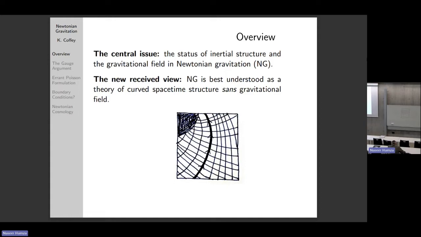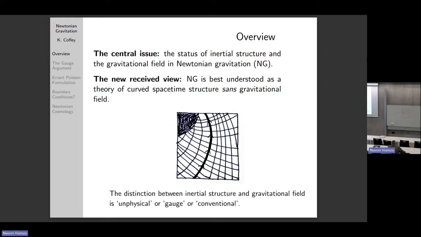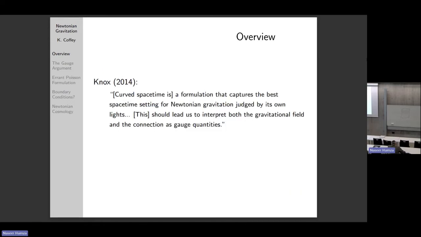And for those that don't follow this literature, it may be a little bit surprising to realize that this has become, I think, the new orthodoxy amongst people studying Newtonian gravitation theory. On this view, the distinction between inertial structure and gravitational field is often claimed to be unphysical or gauged or conventional. So here's Eleanor Knox writing in 2014.